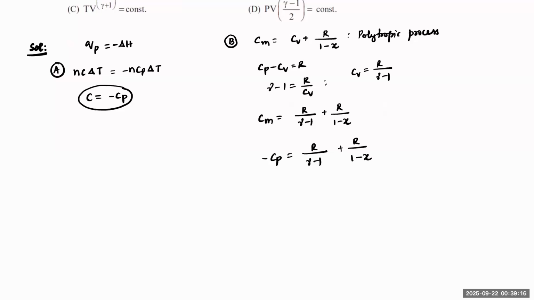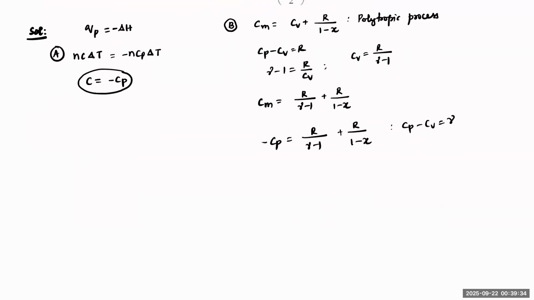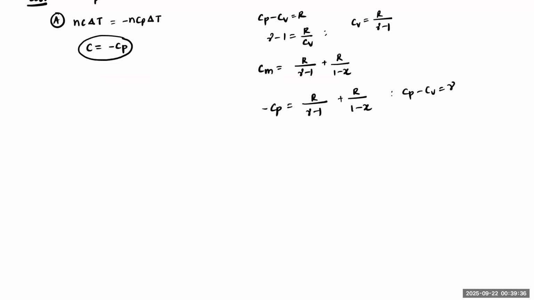But we also know that Cp by Cv is equal to gamma. So we require to write it in PV raised to the power of gamma. So I need to find out n from here. So I don't think this much is required for us to do.